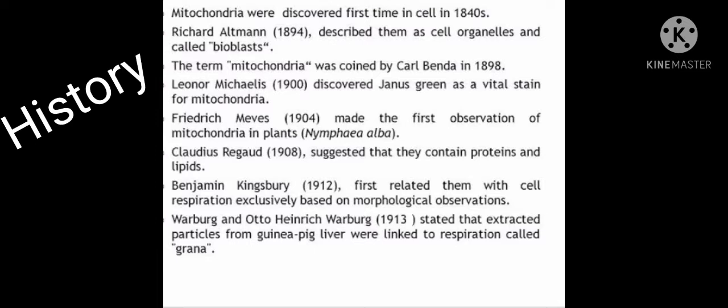Then Regaud in 1908 suggested that they contain proteins as well as lipids. Then Kingsbury in 1912 first related them with cell respiration, based on their morphological observation. And finally Warburg in 1913 stated that the extracted particles from pig liver were linked to respiration, called grana.